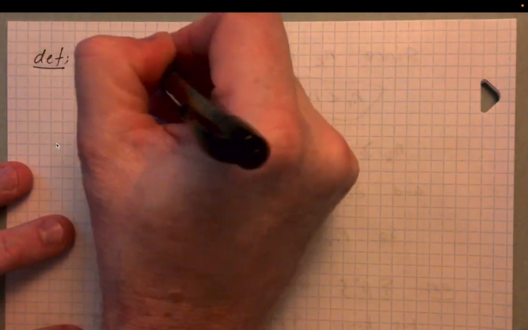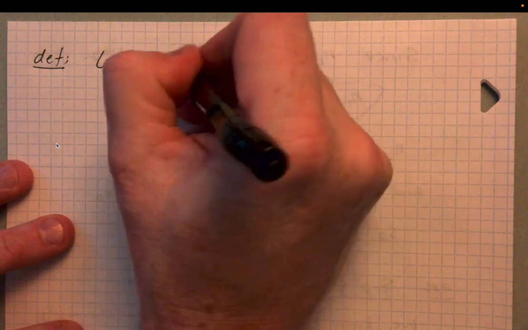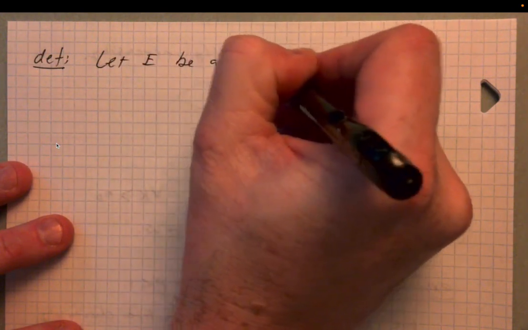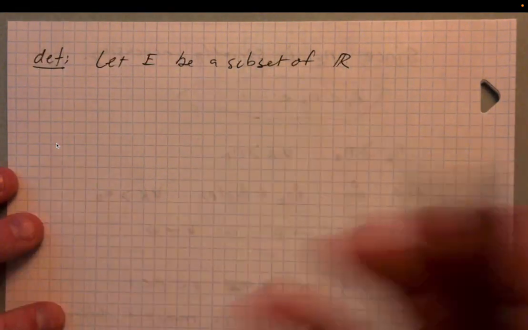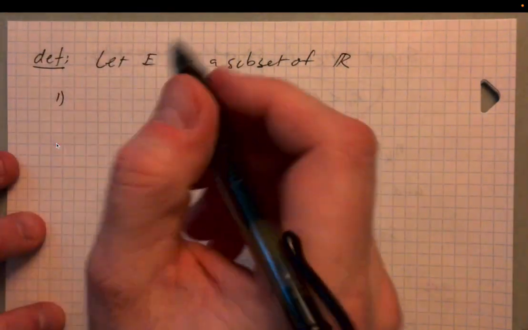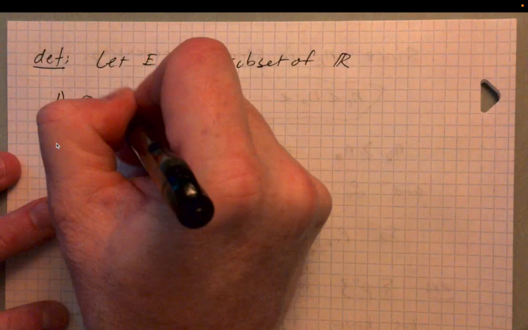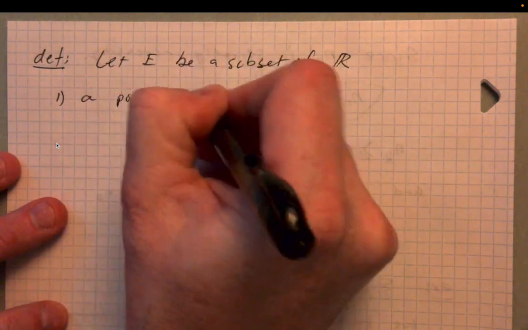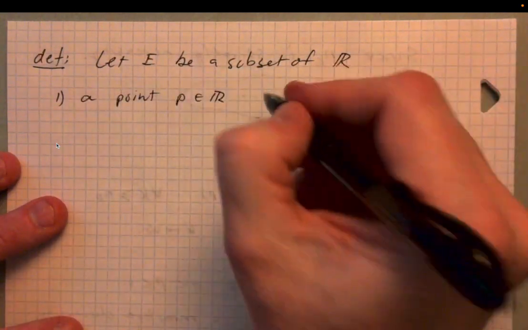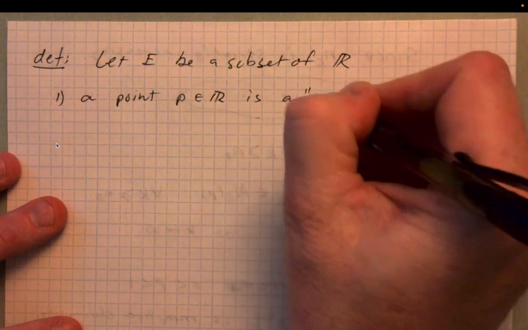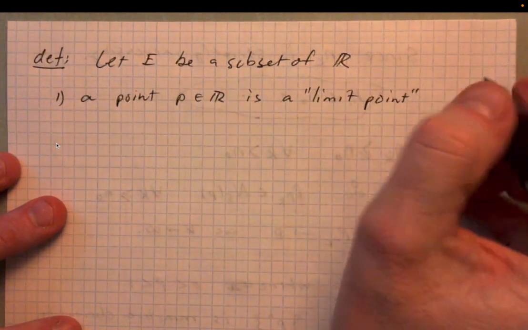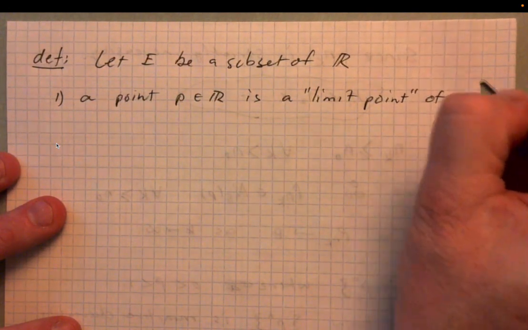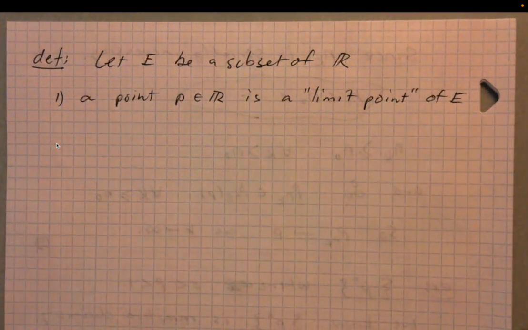Let E be a subset of R, a subset of the real numbers. Then you've got two options here. The first option is a point P in R is a limit point of E. So limit points are defined in relation to a set.